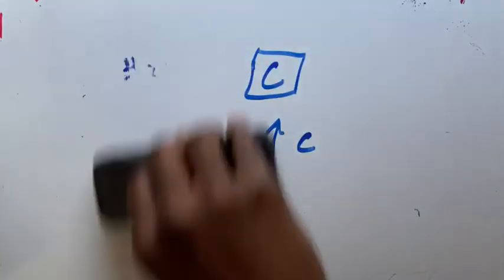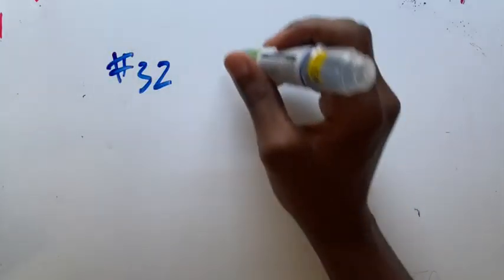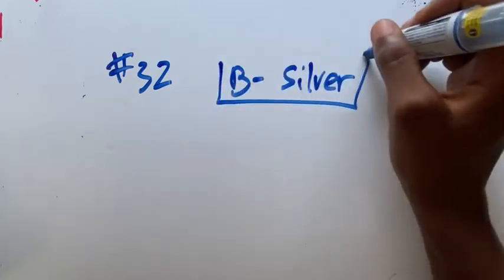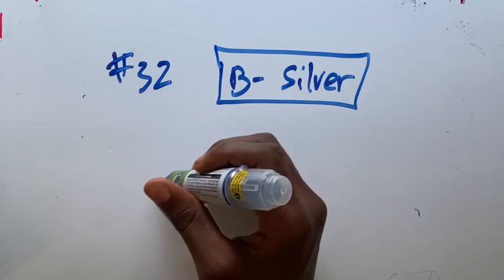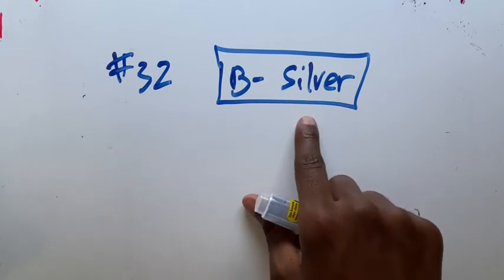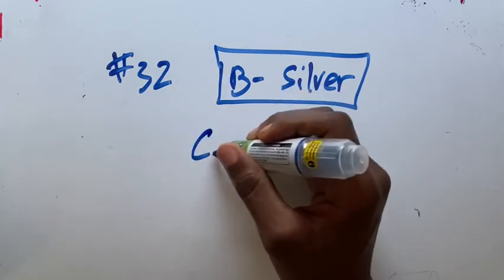Number 32 says, which will cool faster when removed from a furnace: iron, silver, or the same? The answer is actually going to be B, silver, because silver has a lower specific heat.